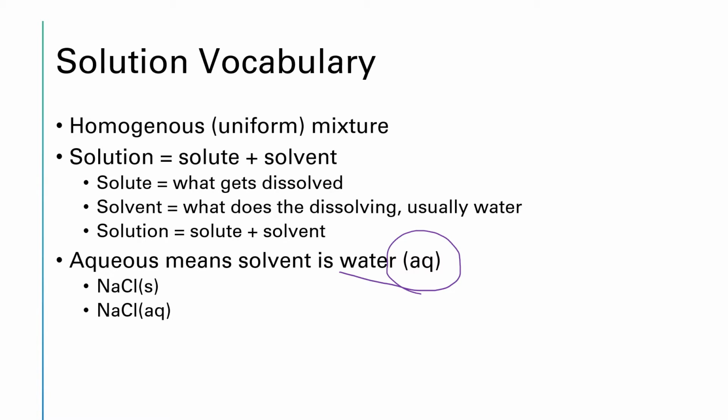NaCl(s), well, the S stands for solid. And so NaCl(s) is like what you get out of a salt shaker, right? It's those little solid chunks of salt. NaCl(aq), on the other hand, is what you might get in a bottle of contact lens solution. Because in your contact lens solution, you have water dissolving up salt.